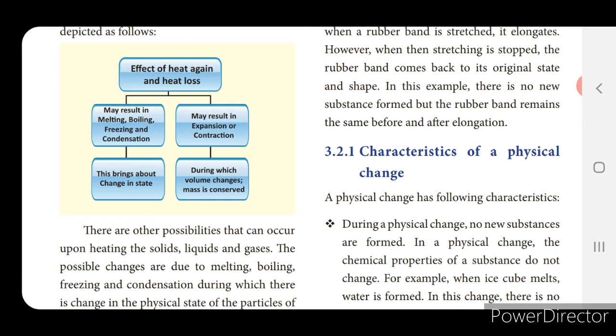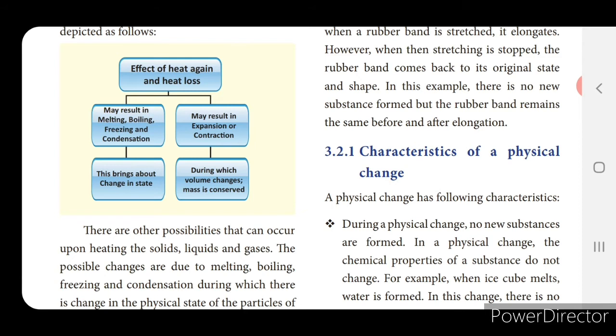Again after boiling, the water vapor we get, when it is allowed to cool, will be converted into water again. That process we call condensation, and when that water is cooled again, you will get ice cubes. The right hand side may result in expansion or contraction, during which volume changes, but mass is conserved.